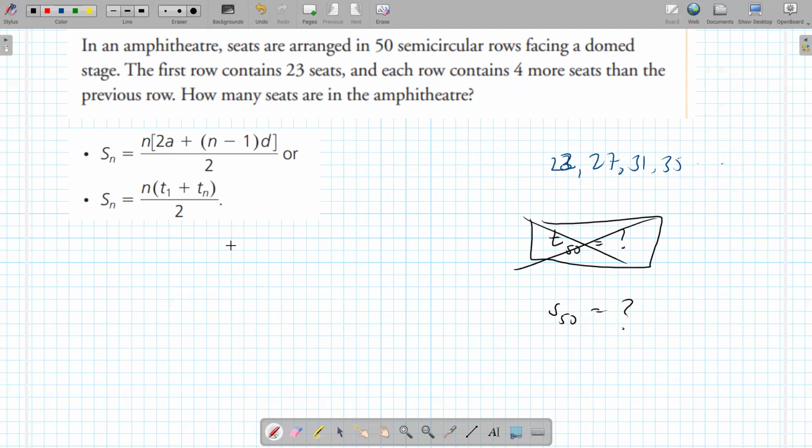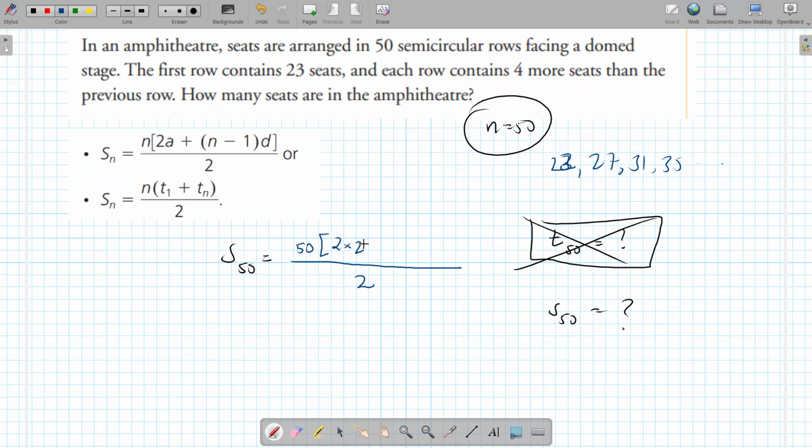So I'm using the top one. So Sn, n here is 50, there's 50 rows. So S50 is going to be equal to everything divided by 2. The n value is 50 times 2 times the first number in the sequence. What's our first number? What's our A value? 23.